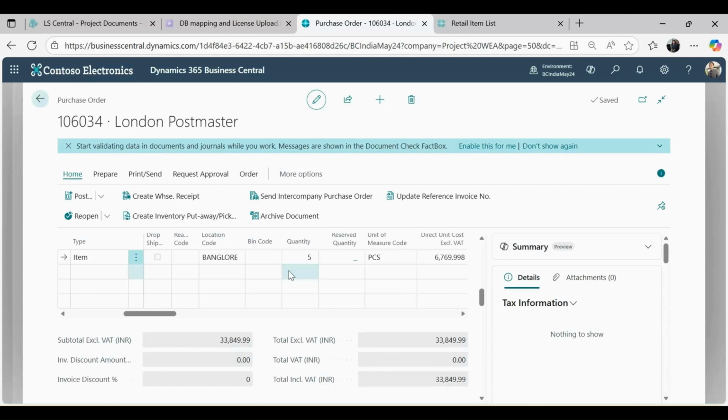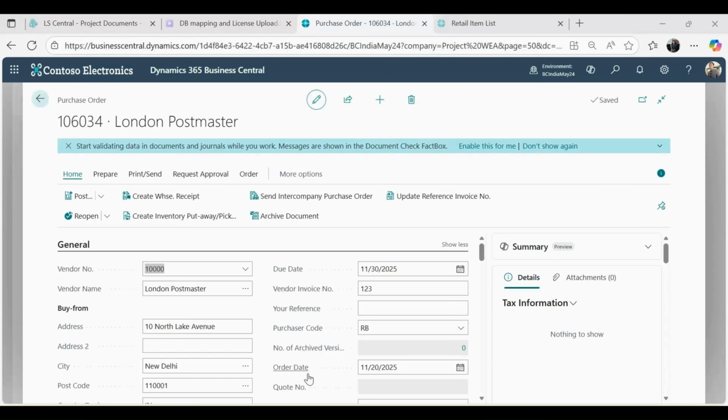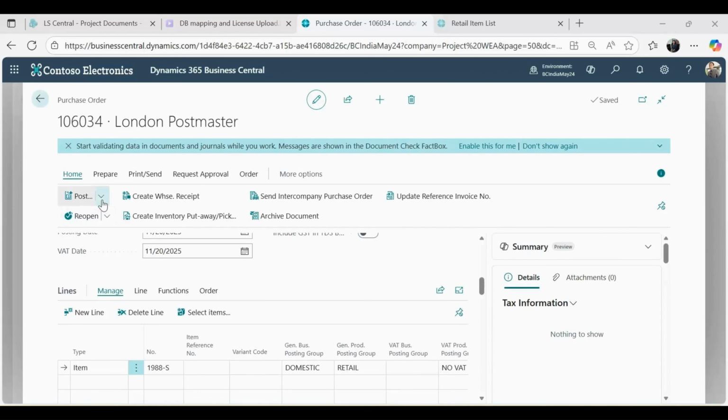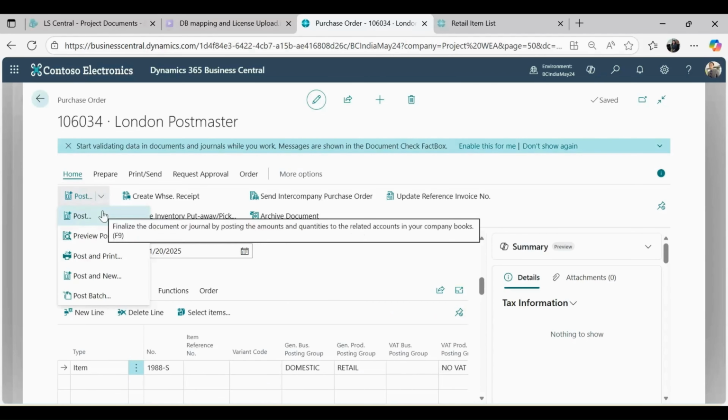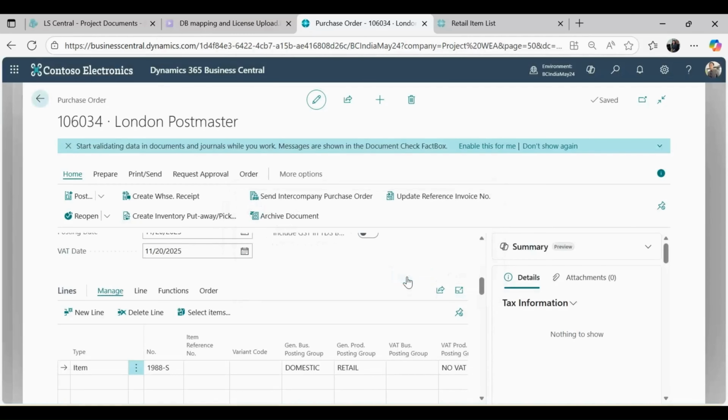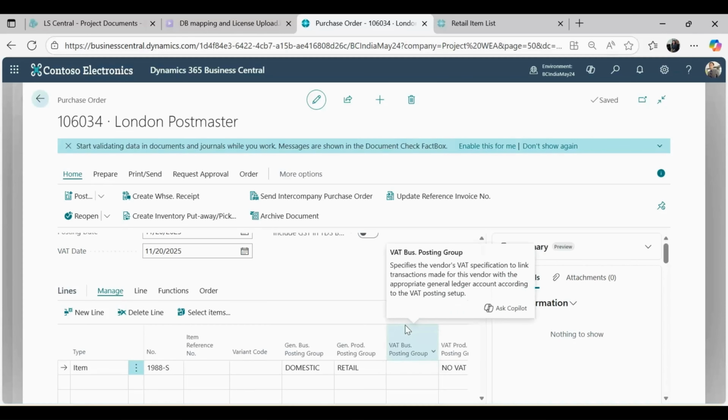I'm going to proceed with posting the purchase receipt for this particular PO. The purchase receipt is posted. I'm going to view the posted purchase receipt document.